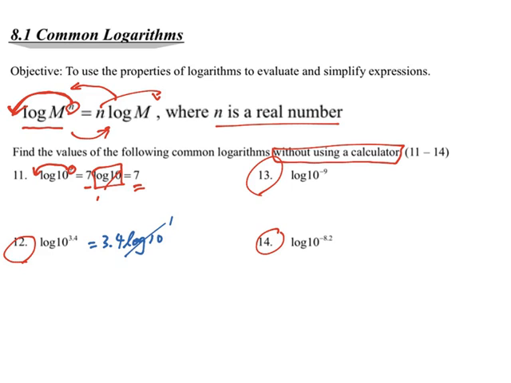Log 10 is 1, so it is 3.4. For number 13, negative 9 log 10. Log 10 is 1, so the answer is negative 9. Finally, actually no need to do the middle step. The answer is negative 8.2.